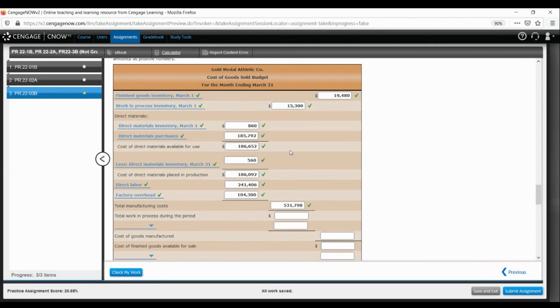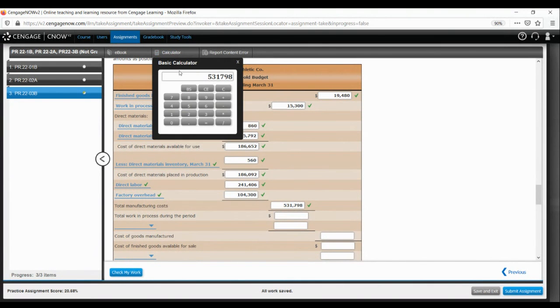Your beginning work in process plus your manufacturing cost. We're going to add the beginning work in process. That's going to give you the total work in process during the period.